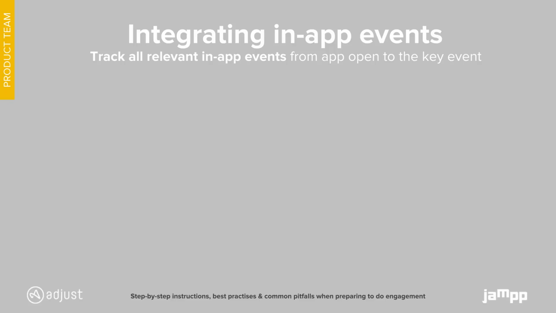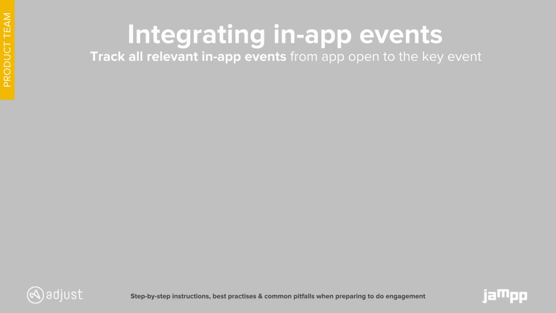If you don't do this, you're only tracking the install and key event perhaps, and you're creating a black box in the middle. You don't actually have any indication of whether a user almost made a purchase or how close they came, or if in fact they dropped out ages ago at the registration page.